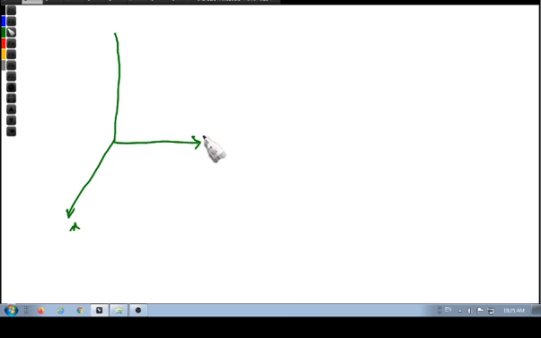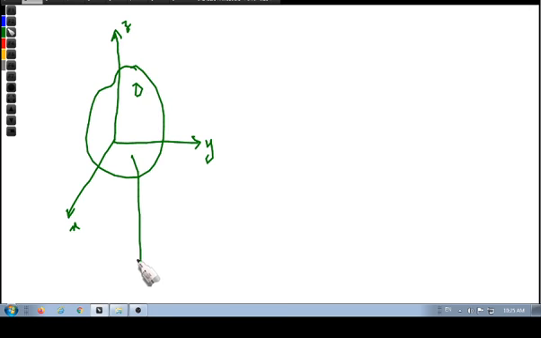This is x, this is y, this is z, and this is the region D or domain D, and here you have a real valued function, capital F in our notation.